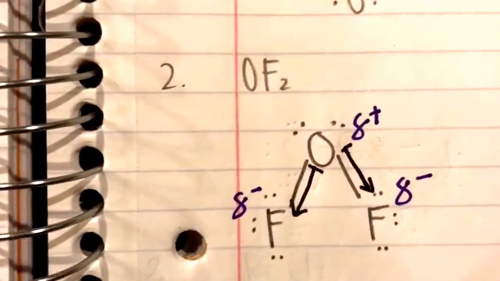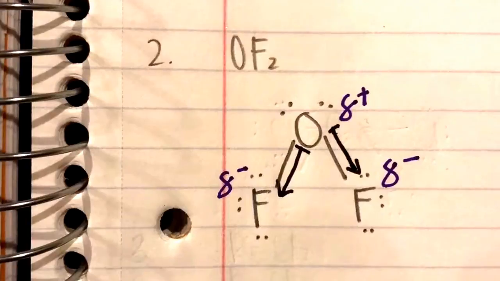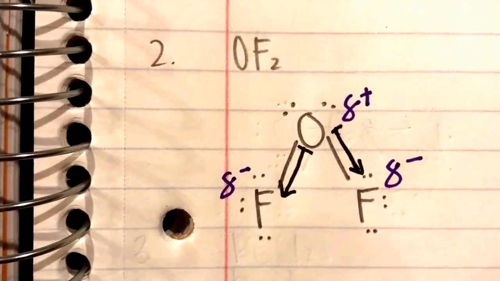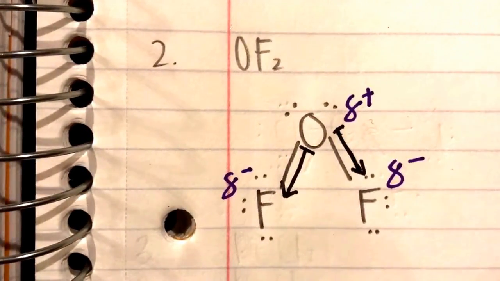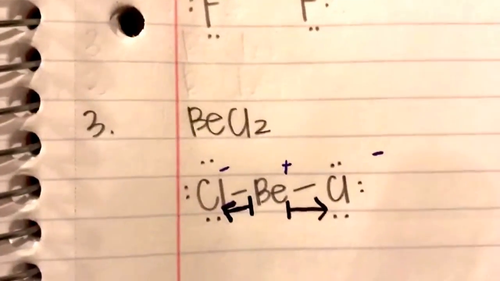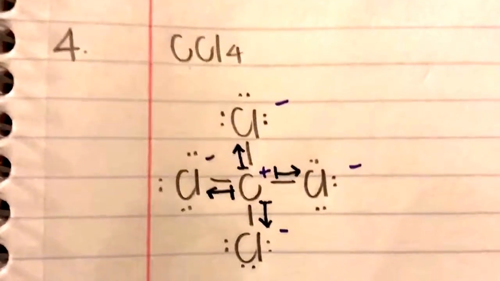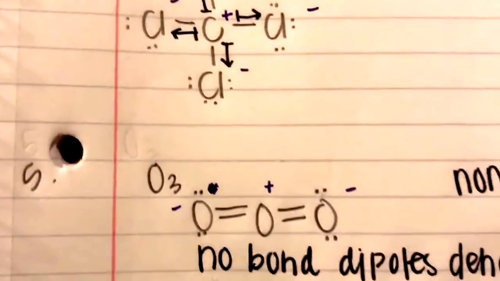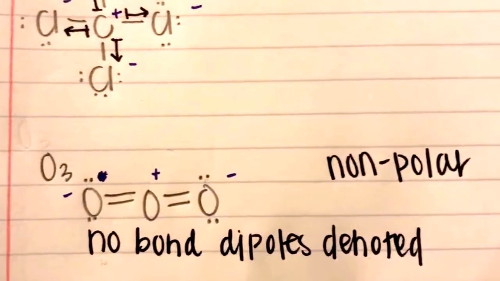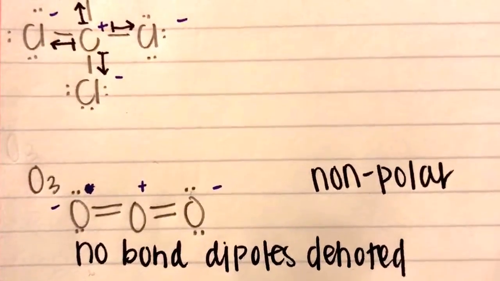Just like you can see in this one, oxygen has the partial positive charge, so the tail end will be at oxygen, and the heads of the arrows will be going towards the partial negative fluorine. Here are the rest of the bond dipoles. Notice that for ozone, it's going to be nonpolar because no bond dipoles are denoted.